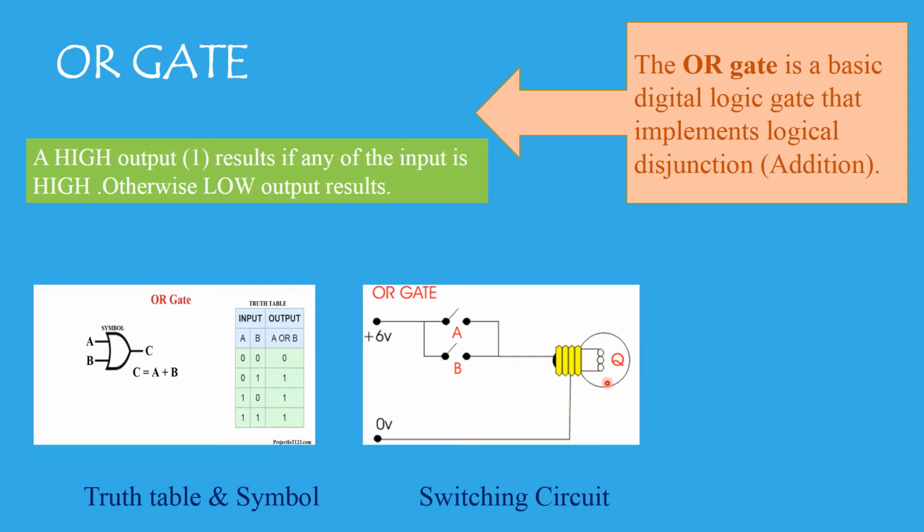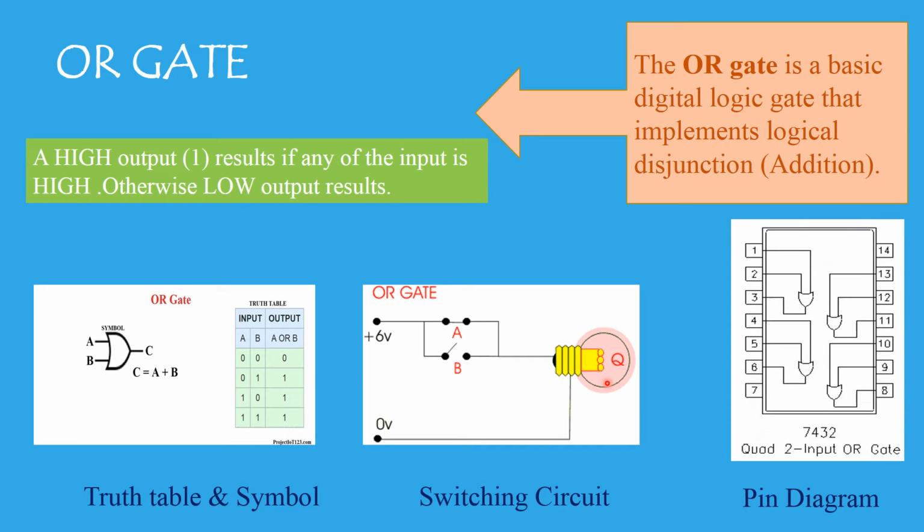So you can have that. Next comes your IC. 7432 is your OR gate IC. Within this IC, you can see 4 OR gates encapsulated within a single IC. And this is also a 14-pin IC.